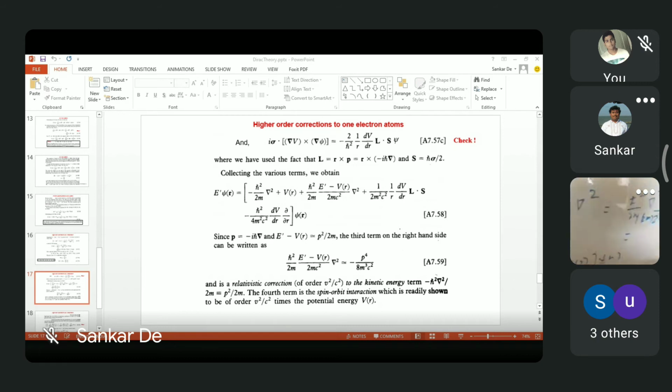So I got h cross square del square, p square by 2m, 2m, 2m, 8m cube, and there is a c square. And p square is basically minus h cross square delta square, so I can write p square. So I got minus p fourth by 8m cube c square. Very nice.